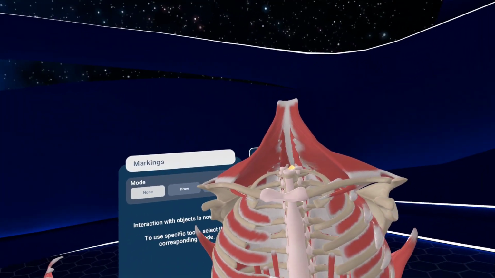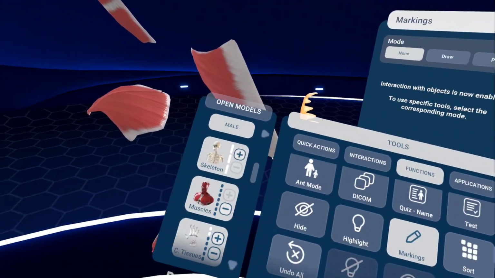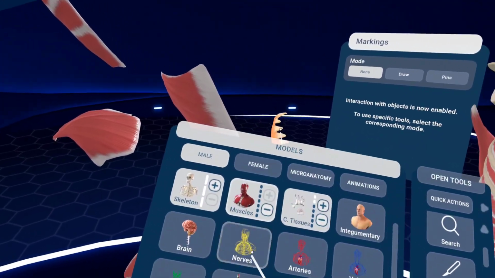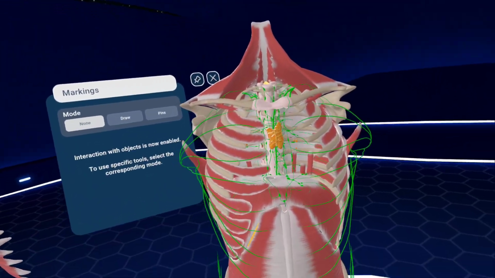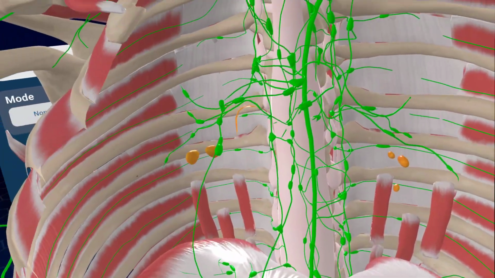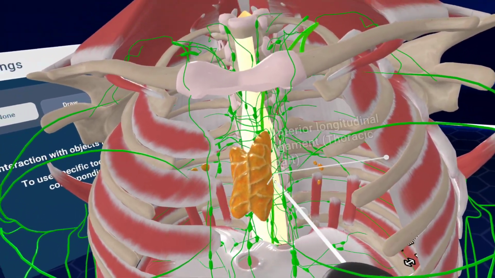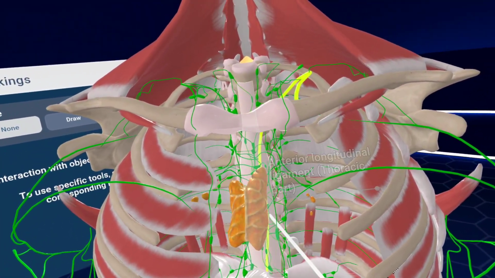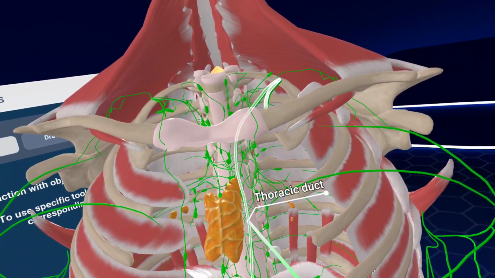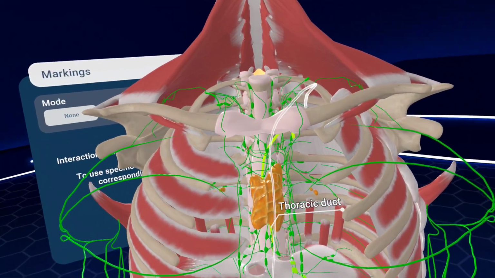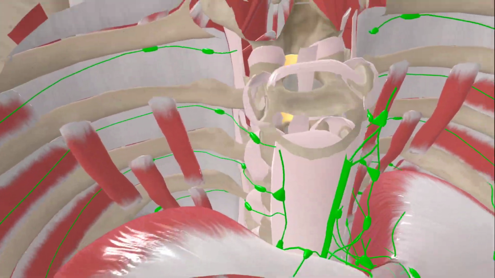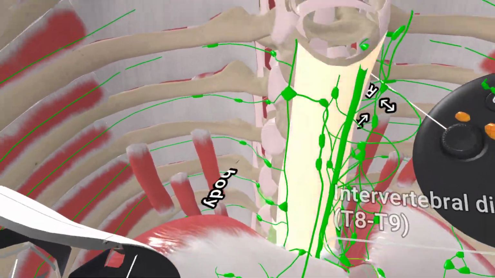So, about the vessels, we will talk a little bit about the main vessels here. We add lymphatics. Here we have a really main duct, which is called the thoracic duct. Here is the thoracic duct. It comes from the abdomen. It comes in the opening here, with the aorta.